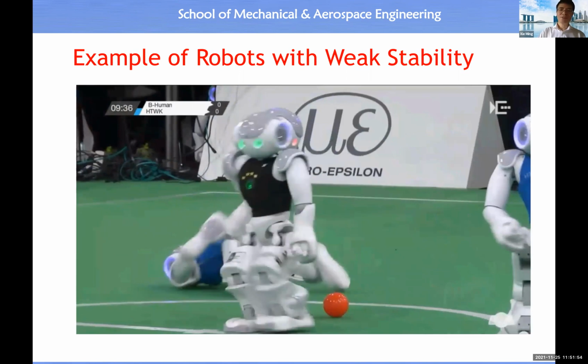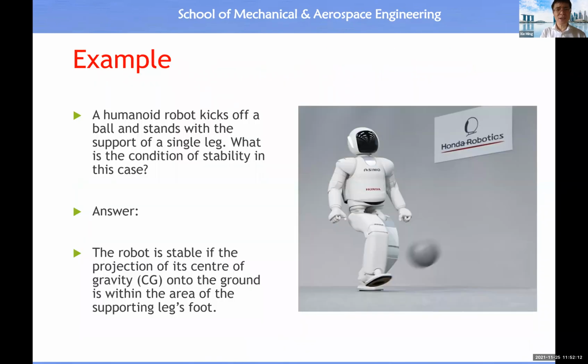All right, so you see, it is a challenge for today's robots to reach human-like stability. So this should be an area of research for you to pursue in future. Then this is just a simple example exercise for you to consider.